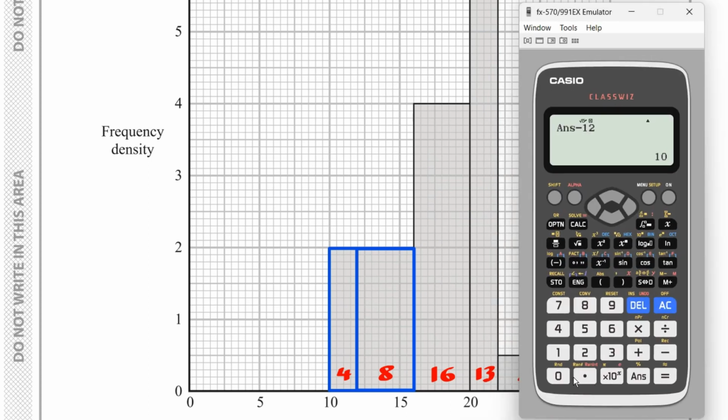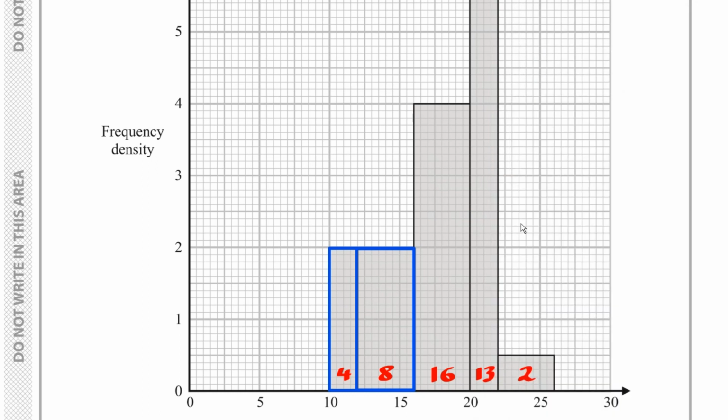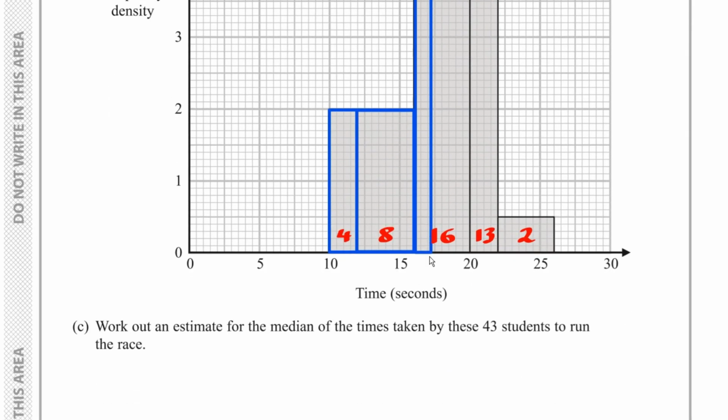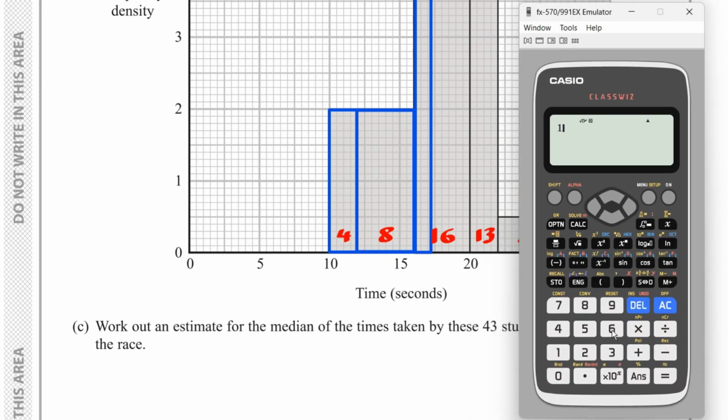So if I do 10 divided by 4, I get 2.5. So what you can see here is the width of this is 2.5, which means the time here will equal 16 plus 2.5, which is 18.5.